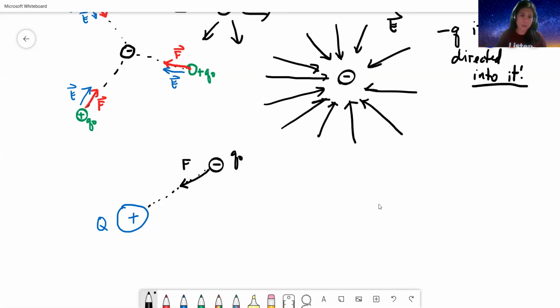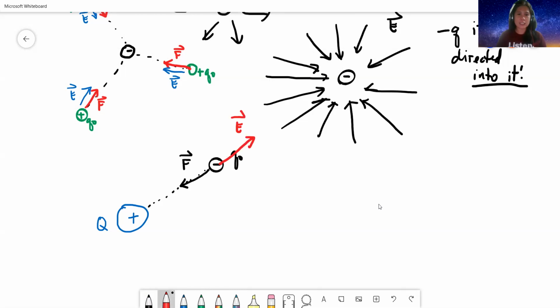So this is the F. But since the recipient of this force is a negative charge, the direction of the electric field at this point is opposite to the direction of the electric force. So if the force is in this direction, the electric field will go 180 degrees off. This is now the electric field.